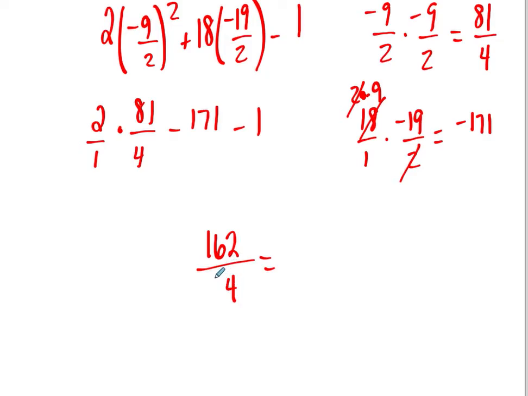What goes into both of those is a 2. But see, if 4 is 2 times 2, the 2's would go away, and I have 81 over 2, so you skip a step. 2 times 81 is 162. Over 1 times 4 is 4, which reduces.